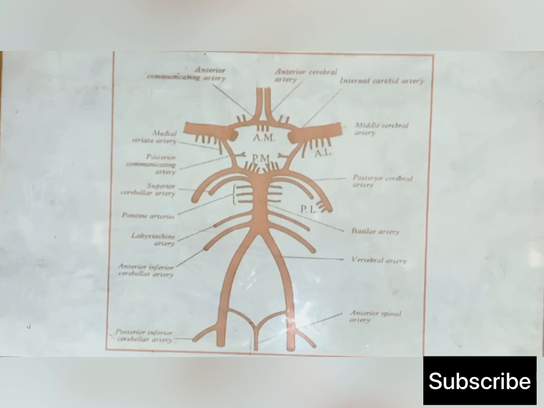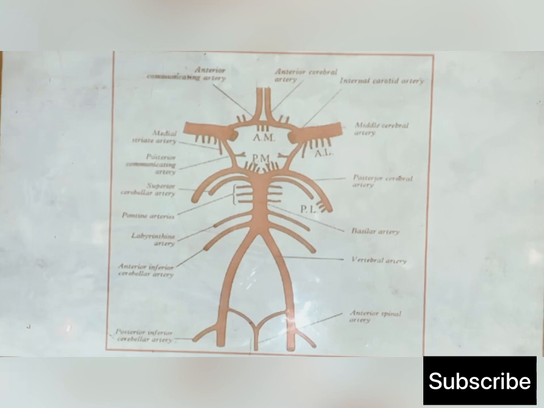Are you clear? So the anterior part of the spinal cord receives its blood supply from two branches. Each of these branches comes up from the medial side of each of the vertebral arteries. So the two branches unite to form a single artery known as the anterior spinal artery, and it descends to supply the anterior part of the spinal cord.